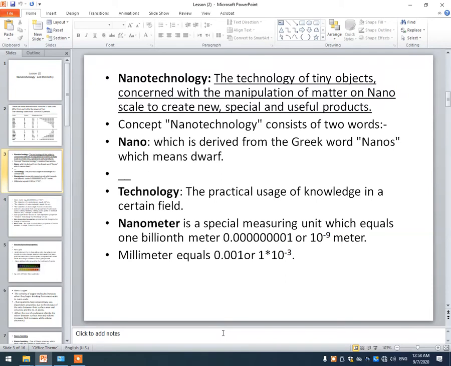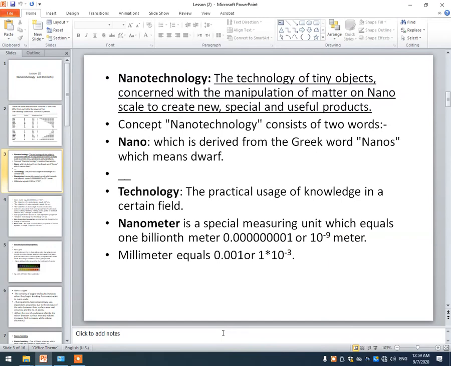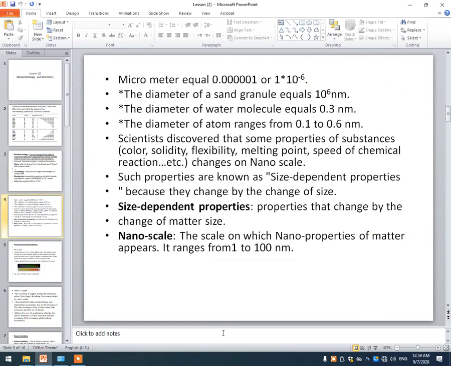Nanometer is the special measuring unit which equals one billionth of a meter, which is 10 to the power negative 9 of the meter. Millimeter equals 0.001 or 1 times 10 to the power negative 3 meters.